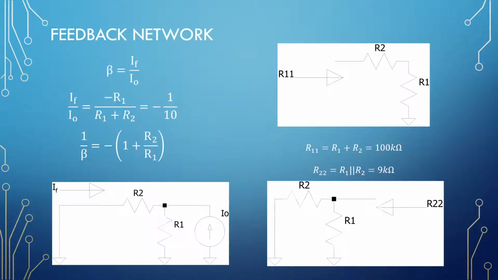Okay, so the feedback network is the same. R11 is 100 kilo ohms, R22 is 9 kilo ohms, feedback factor minus 1 over 10.